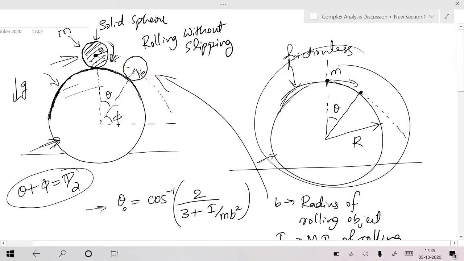If the body starts with some initial velocity, we can solve the problem, but I have to go through the whole derivation that I have done here, because there comes some integration. In that integration, I have taken one more factor that I haven't mentioned: this was initially at rest, and it has just started. Its initial angular velocity and its initial velocity of center of mass, everything is 0.